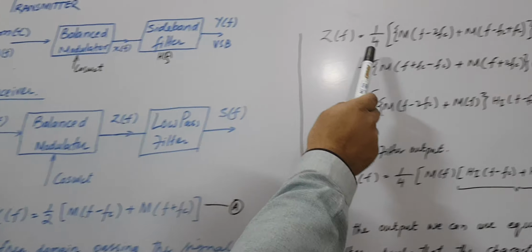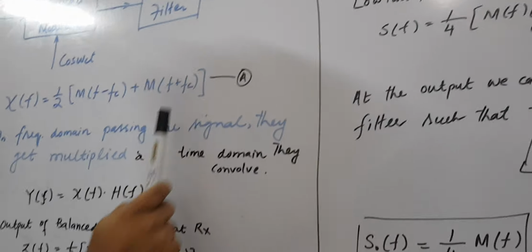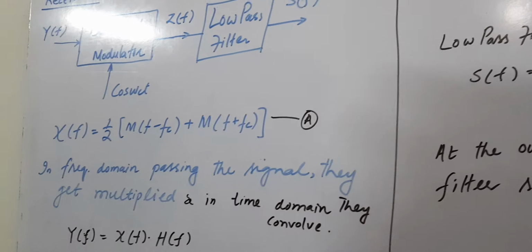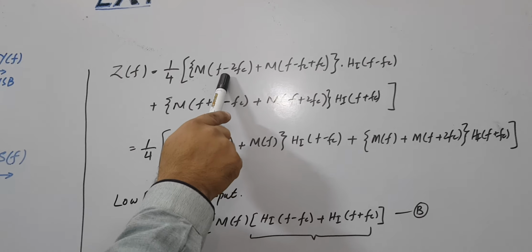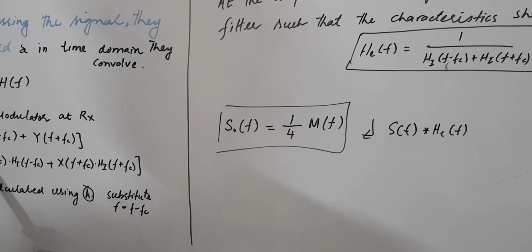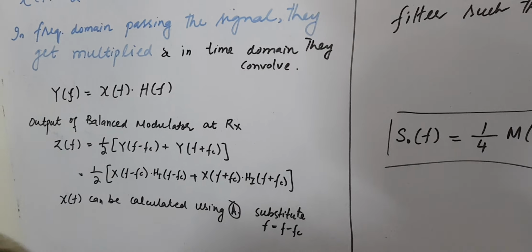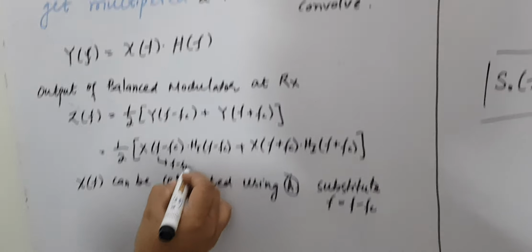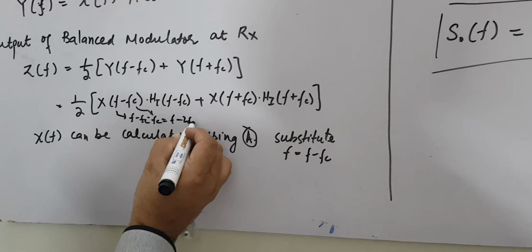So Z of f is equal to 1 over 4, because we are inserting the value of X of f from here. X of f is in the format of M. So M of f minus 2fc, because we are writing f equals f minus fc. If you insert f equals f minus fc, fc is already there, minus fc, that will be equal to f minus 2fc.